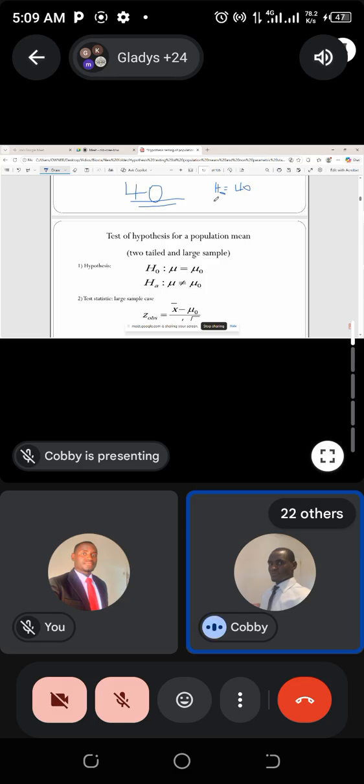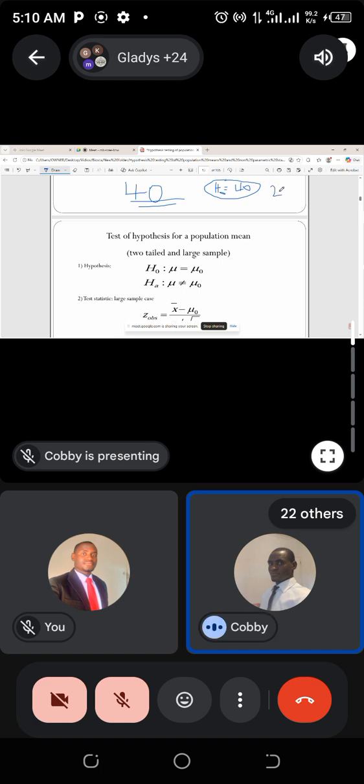In another way, someone may want to test just if the population mean is less than 40. If we are just interested to know if the population mean is equal to 40, this is a two-tailed test.